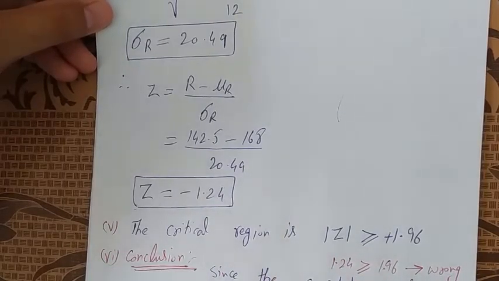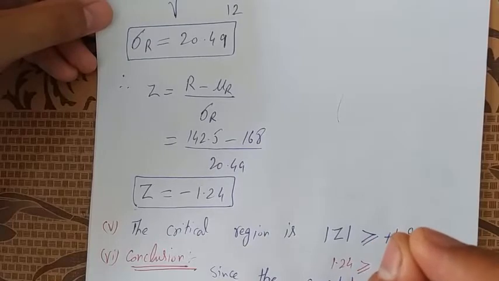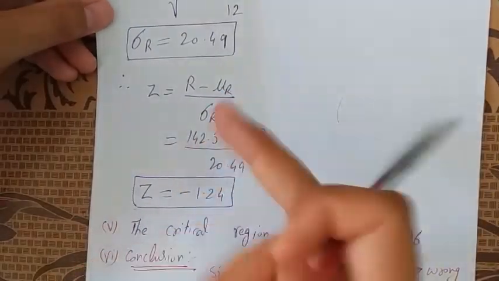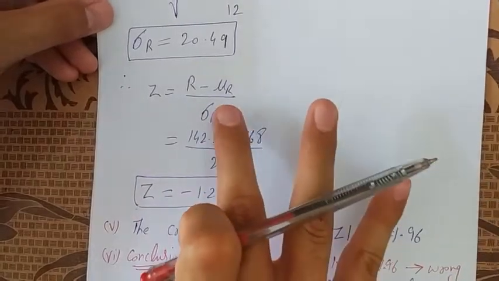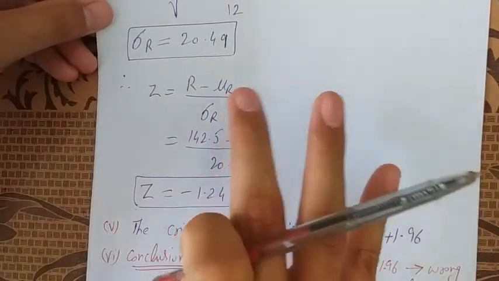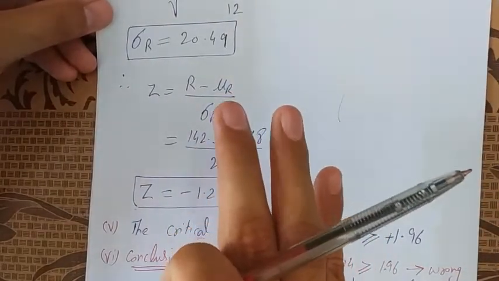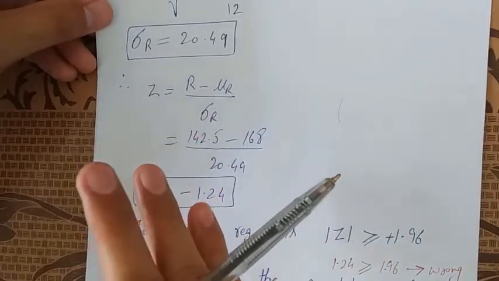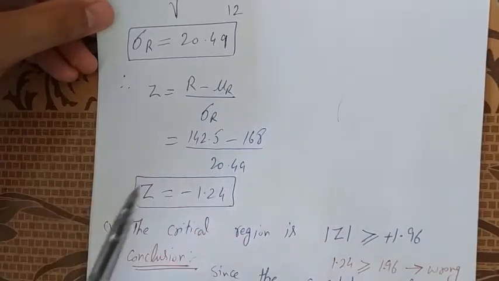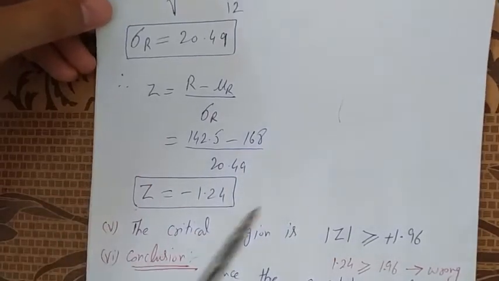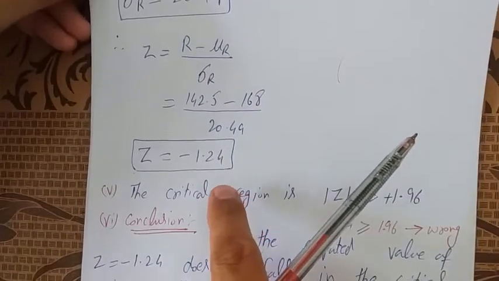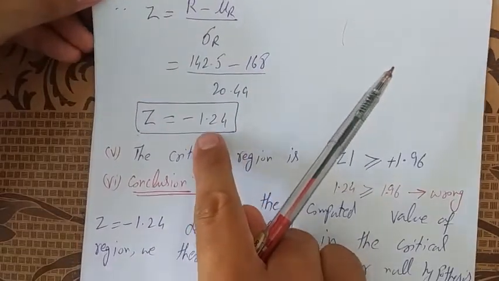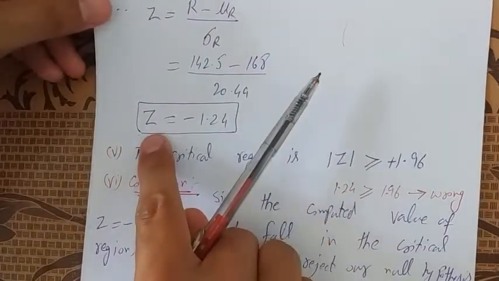If either N1 or N2 is greater than 10, or both, we use this formula. If both N1 and N2 are less than 10, then we use the previous test statistic that we used in the previous problem for the Wilcoxon sum rank test. When we solve this, the result is minus 1.24, which is the value of Z.